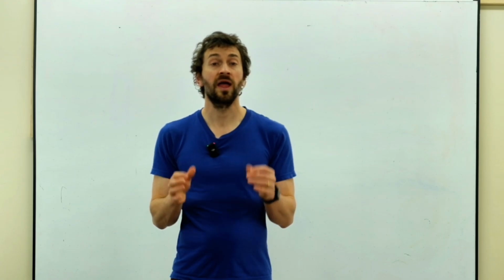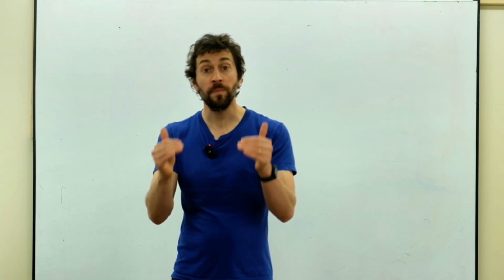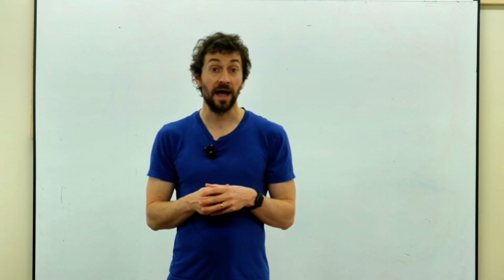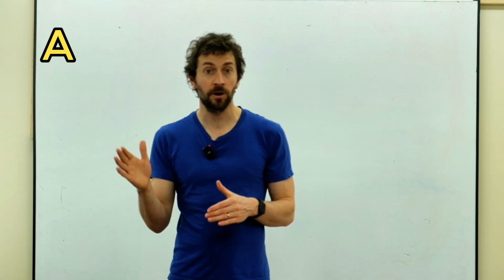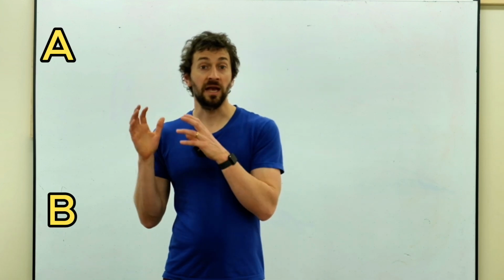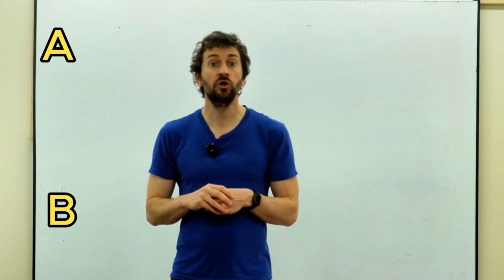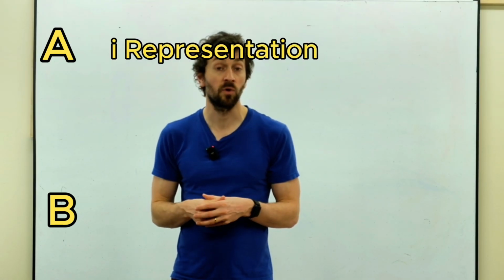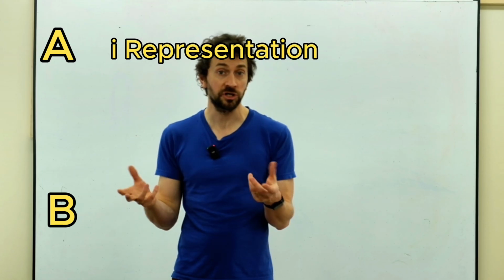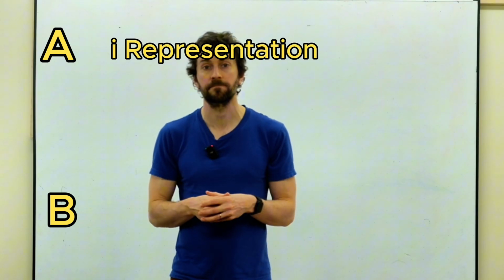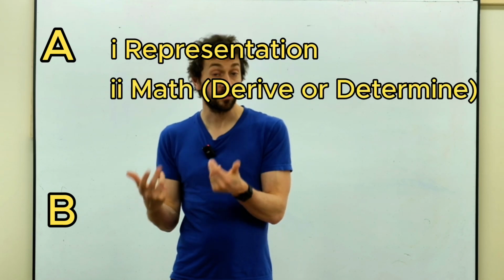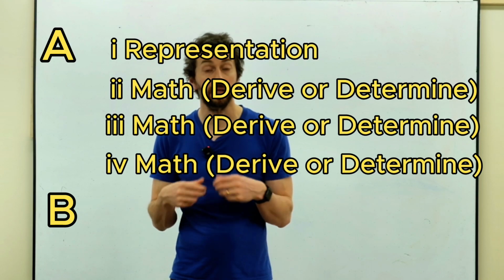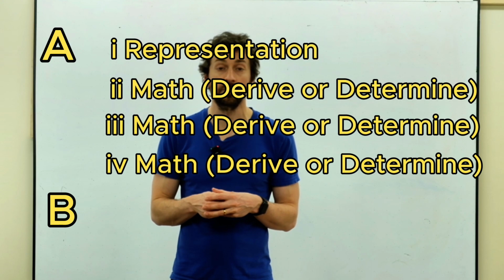It's important to know this question will follow a pattern that will be the same every year. The pattern is this. There's an A part and a B part. In A part 1, you're going to need to use a representation like a free body diagram or a graph. They're going to give you a question and you need to draw something like that. In A part 2 and 3 and even 4, you're going to do mathematical representations like determining or deriving a formula.